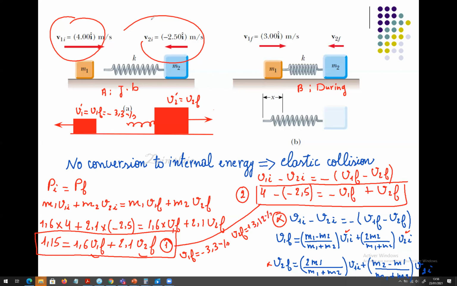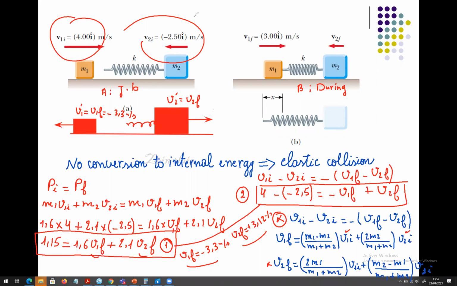Let me see. Right, okay, we get the same answer. So I showed these two methods to calculate the final velocities of M1 and M2.